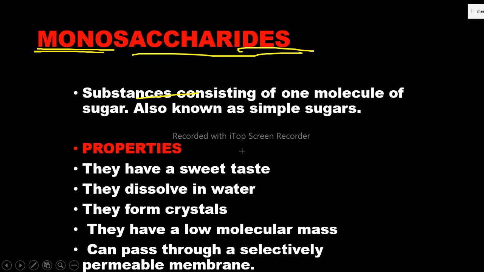They are usually referred to as simple sugars, and they have different properties. Now, if a question says properties of monosaccharides, think about a monosaccharide such as glucose, the glucose that you buy from the shop.